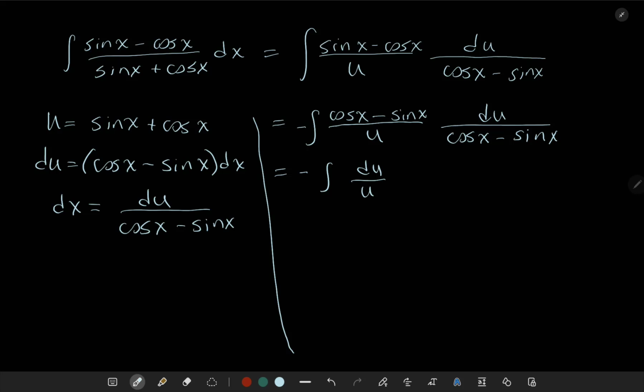And now you remember that this is u to the negative 1. If you were to apply your power rule, it would be negative 1 plus 1, which gives you a 0 in the exponent and a 0 in the denominator. That's a bit of a problem. So you have to remember, oh, this is the one that becomes the natural log of the absolute value of u plus c.